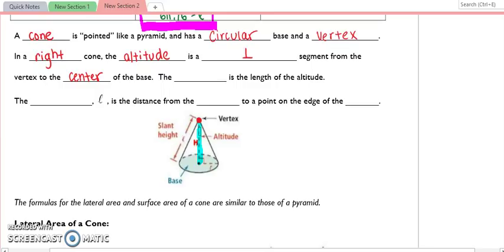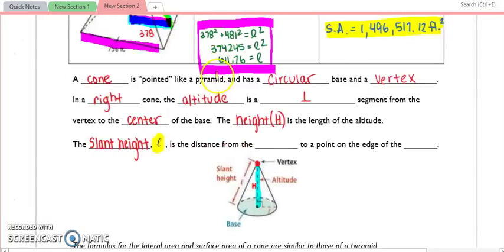But just like with the pyramids, in addition to the height, again, capital H, we're also going to go ahead and have a slant height. Okay, and again, still same thing, lowercase cursive l. So we have our height, and we have our slant height.